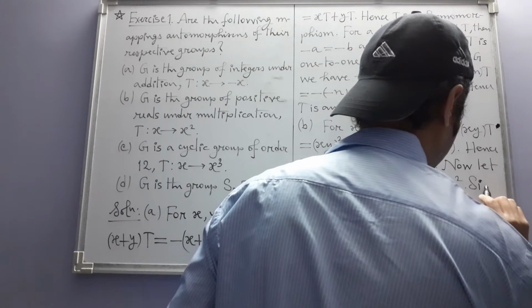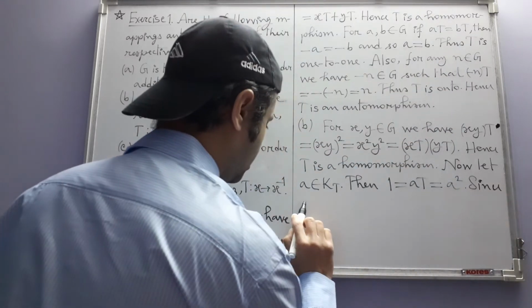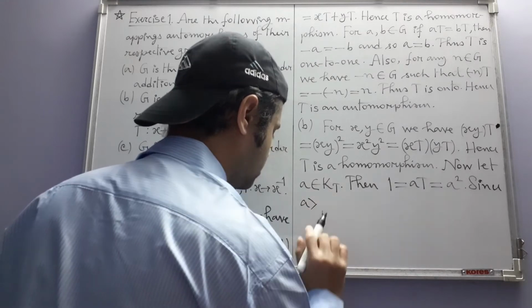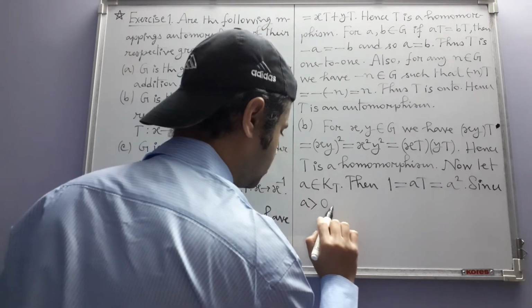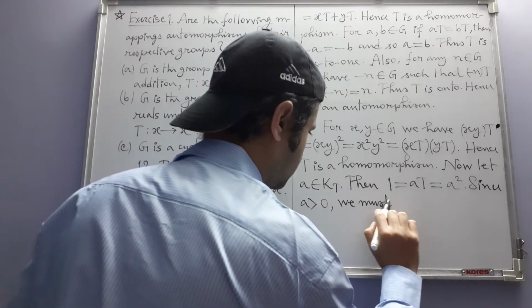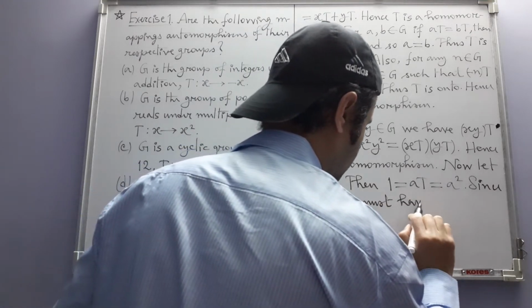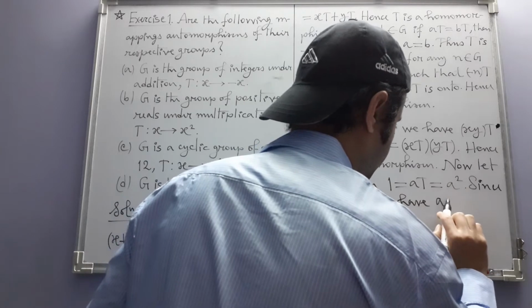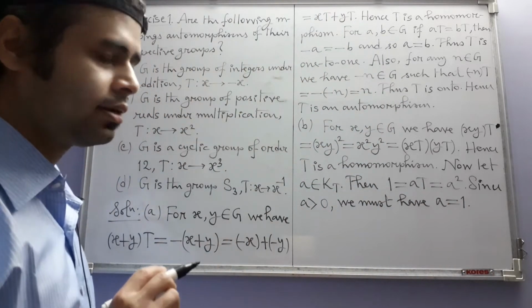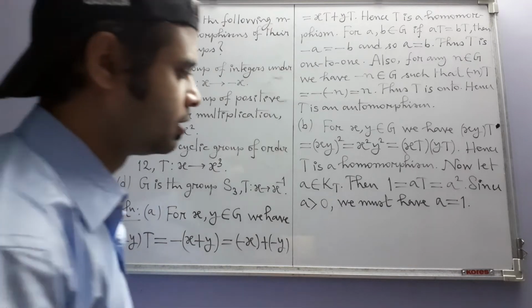Since a is positive, we must have a equal to 1. The other possibility that a is minus 1 does not occur.